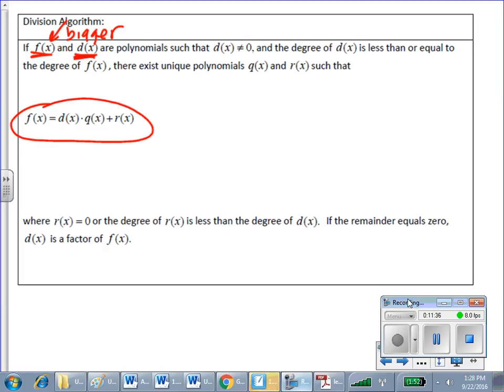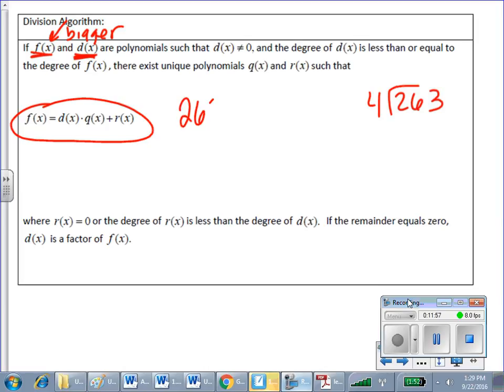Okay, so let's analyze this a little bit. What this is saying is basically what we just did. We'll take it back to the first example, 263 divided by 4.